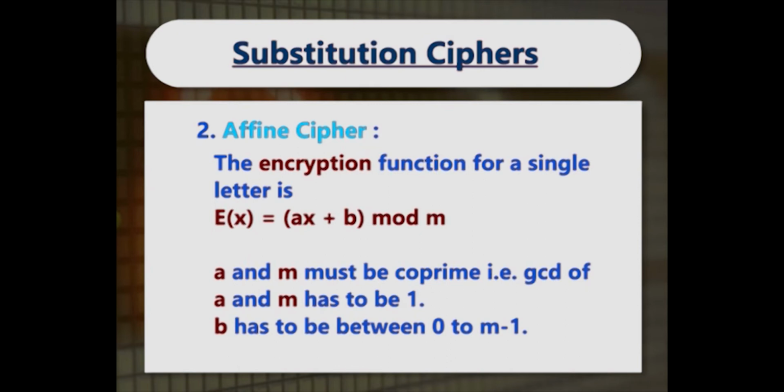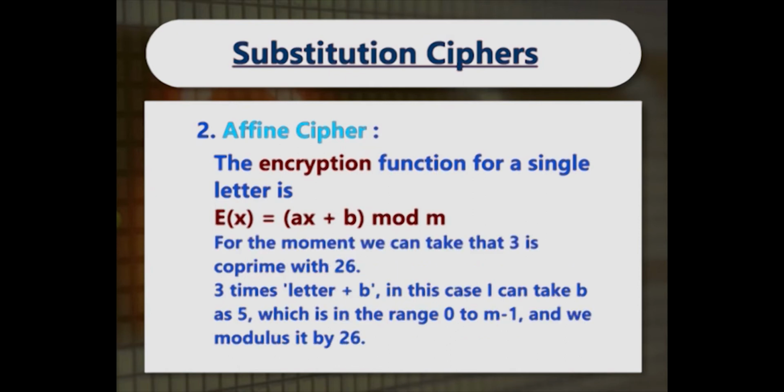B has to be between 0 and m minus 1. We get to choose what our A and B keys are going to be. For the moment, we can take 3, which is co-prime with 26. So 3 times the letter plus B, in this case I can take B as 5, which is in the range 0 to m minus 1, and we mod it by 26.